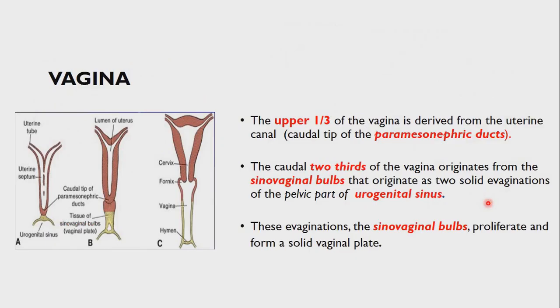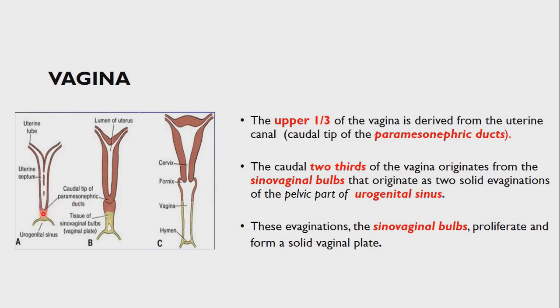Now the vagina. Look here, this is the vagina and this is the uterus, and there is still the septum. It is not resorbed completely at this stage, and these are the uterine tubes. The vagina is formed from two sources. The first portion, the upper third of the vagina, is derived from the uterine canal, which is the caudal tip of the paramesonephric duct.